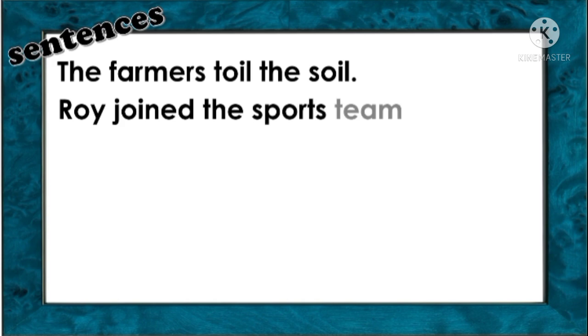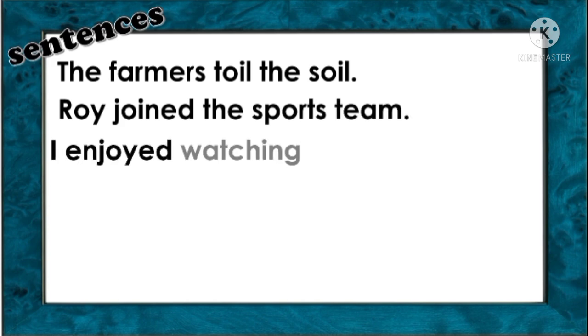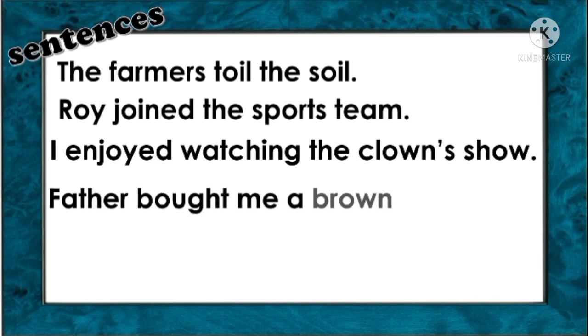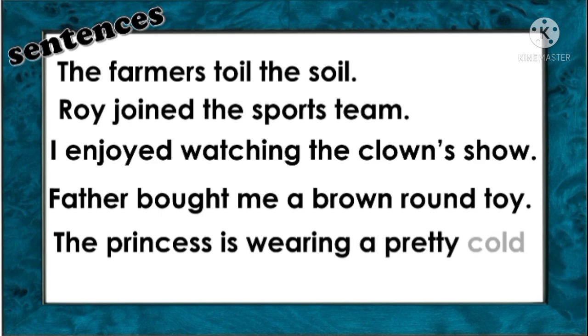And here are some sample sentences. The farmers toil the soil. Roy joined the sports team. I enjoyed watching the clown's show. Father bought me a brown round toy. The princess is wearing a pretty gold crown.